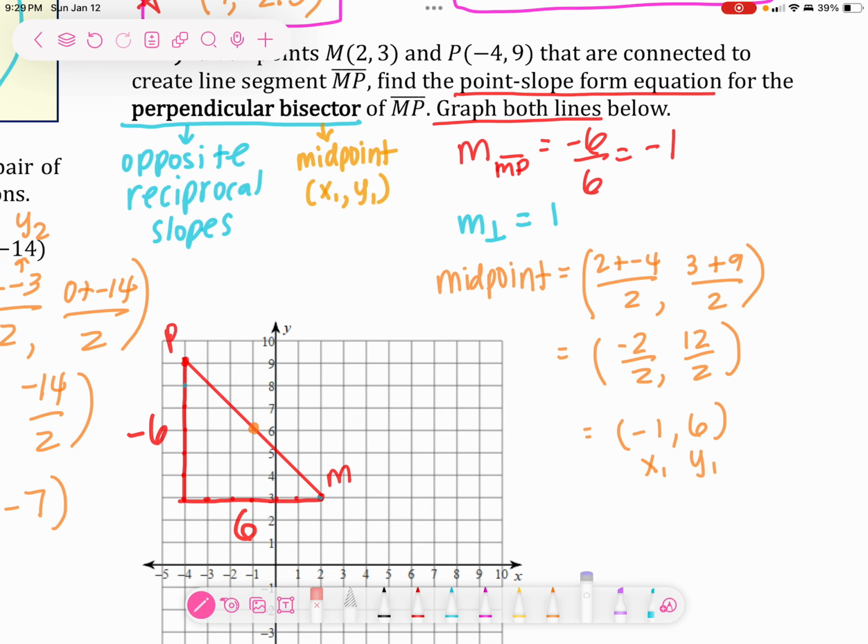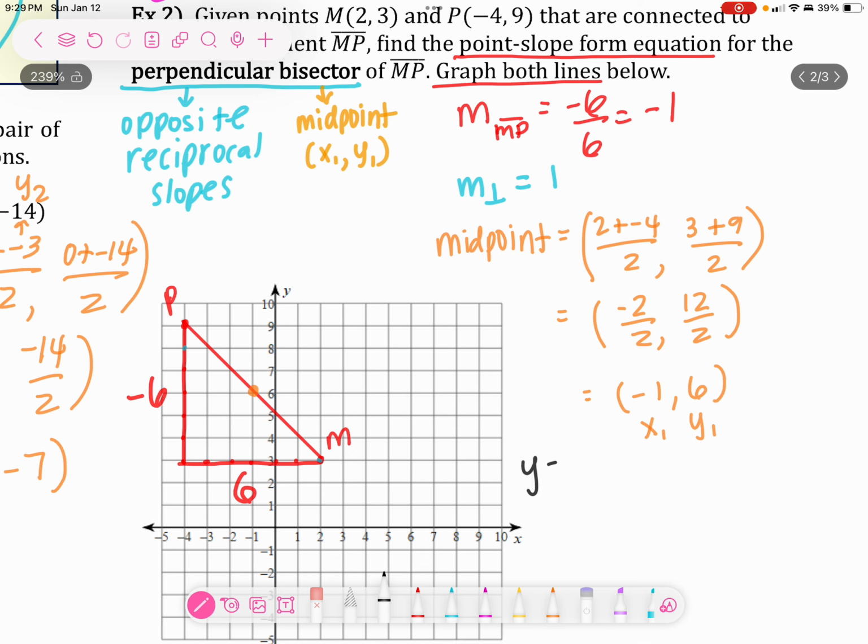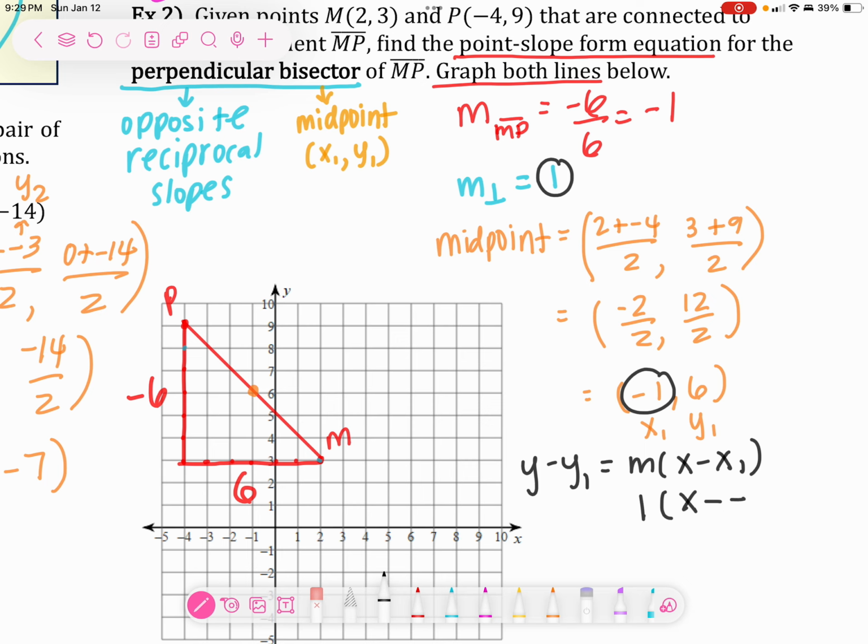So the point slope form equation, just to recall, if you don't remember what it is, it's y minus y1 equals m parentheses x minus x1. We now have our m, which is our perpendicular slope, okay? So we're going to use this one. And then we have x minus, and our x1 is going to be the negative 1.